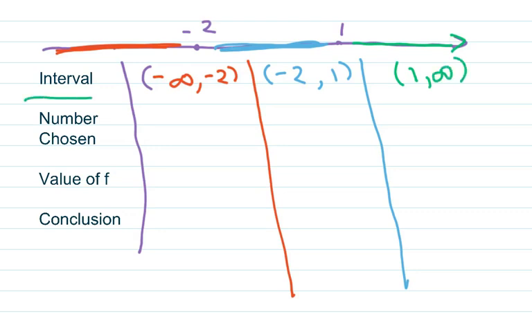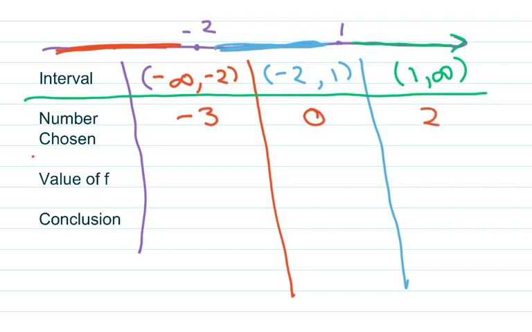Okay, so I'm going to choose a number in each interval. I choose a number very close to negative 2, which is negative 3. 0 is always a good choice, and I'm just going to choose 2 there.